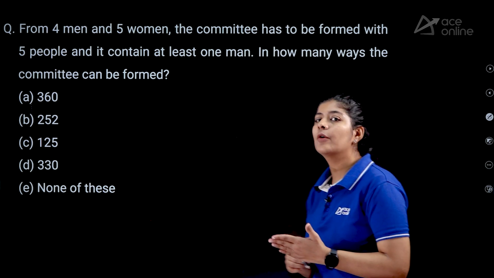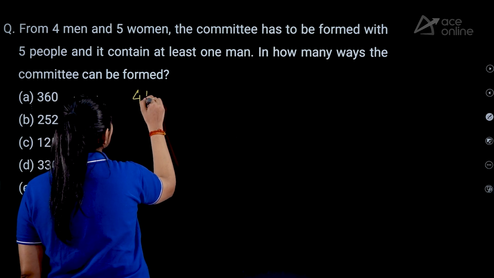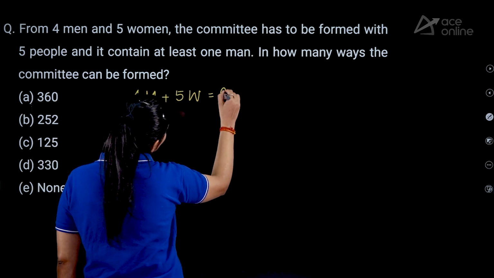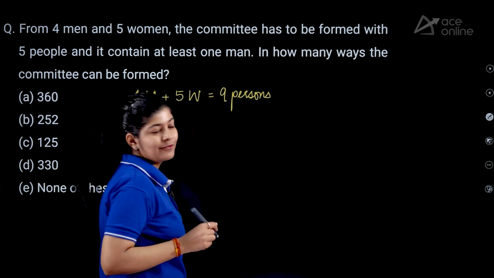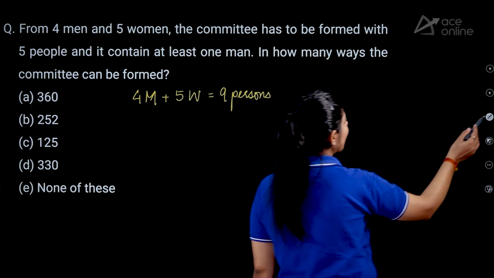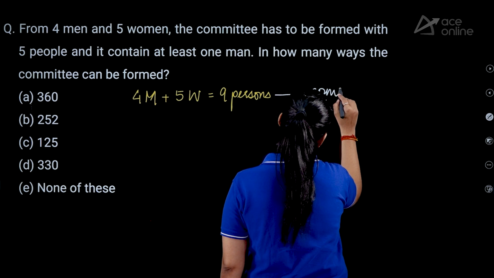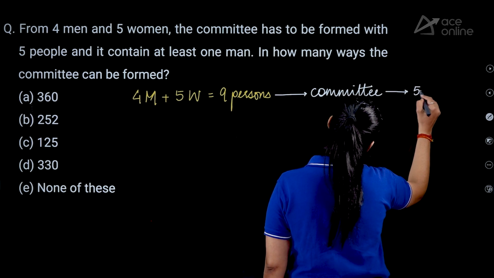Okay, let's see how we are going to deal with that. The question says that we have 4 men and 5 women. So we can say that here we have 9 persons. And out of these 9 persons, if I want to create a committee, I need 5 persons.